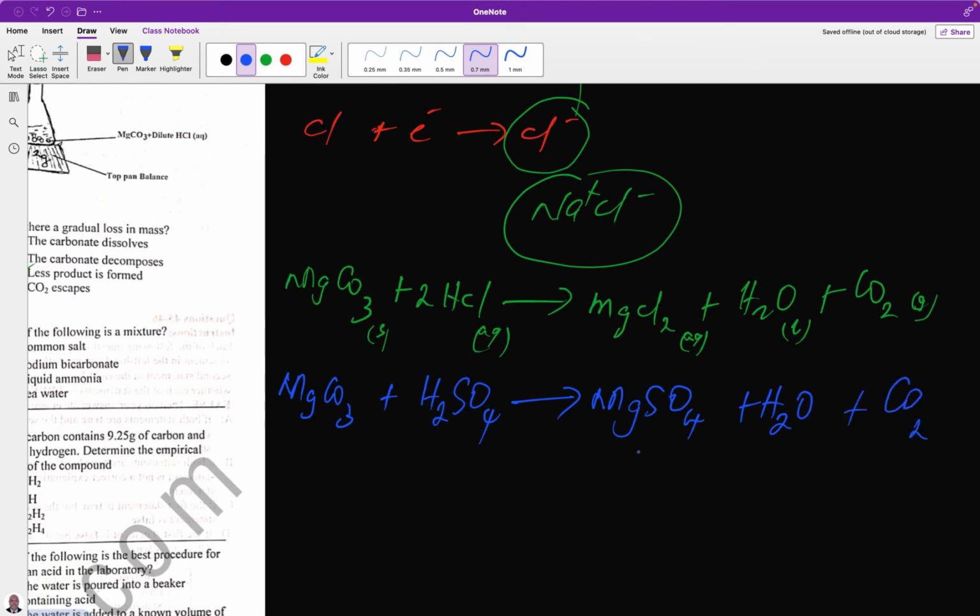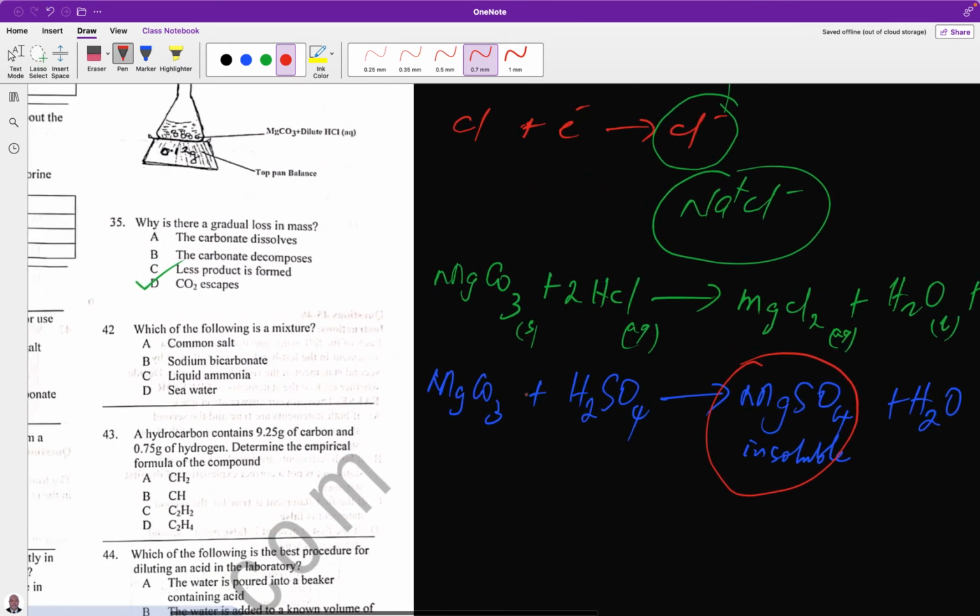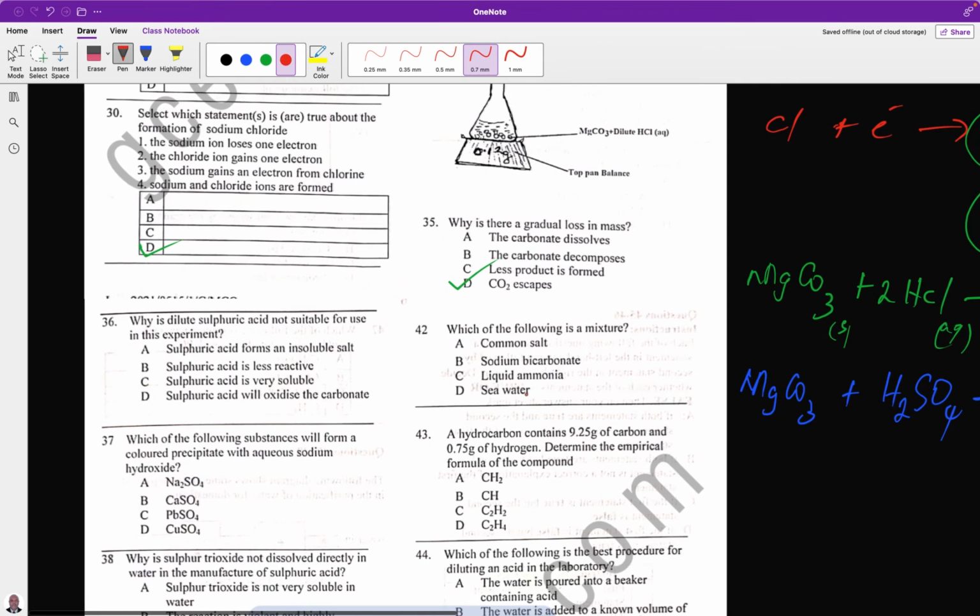But remember, this salt is insoluble. The magnesium sulfate salt is insoluble. Let's go back to our equation and answer it. We have a salt that is being formed.